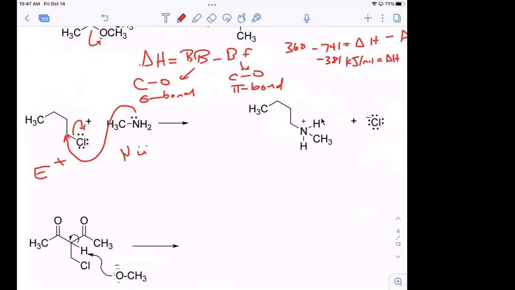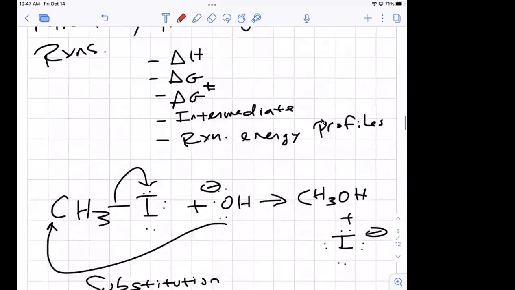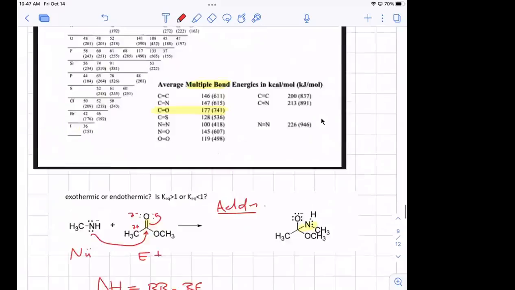What's the delta H? What bond did we break? Carbon chlorine, and we made a carbon nitrogen. Don't we already have that number for carbon nitrogen? The bonds formed is 305. And then the bonds broken is carbon chlorine.